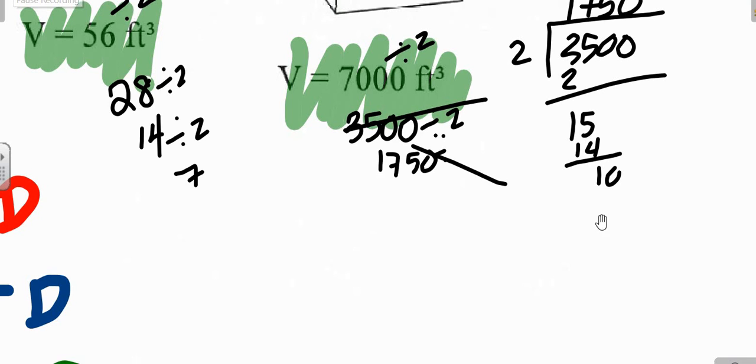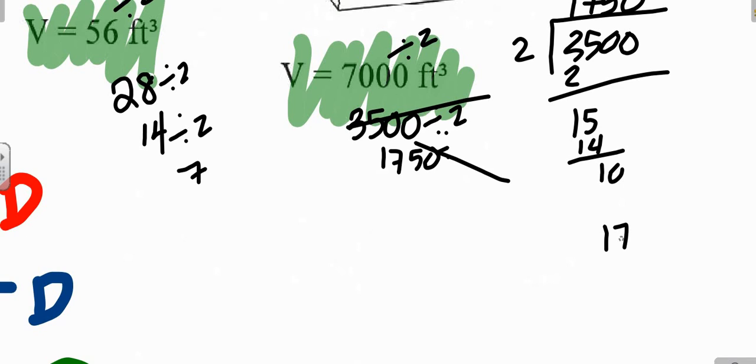And so now I'm going to go 1750 and see if it's divisible by 7.